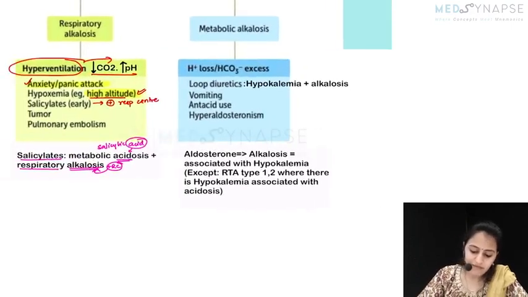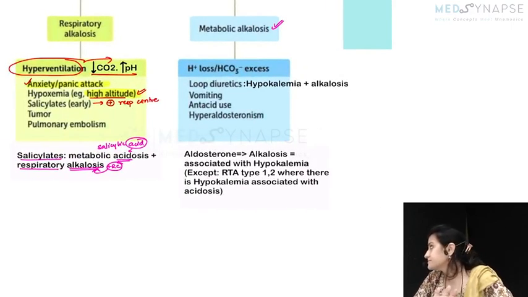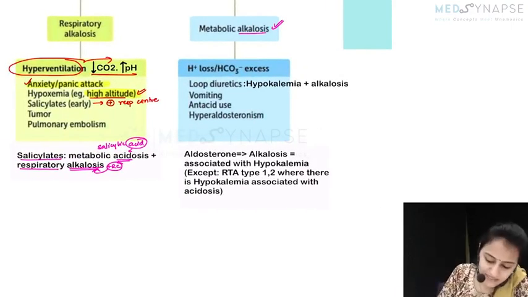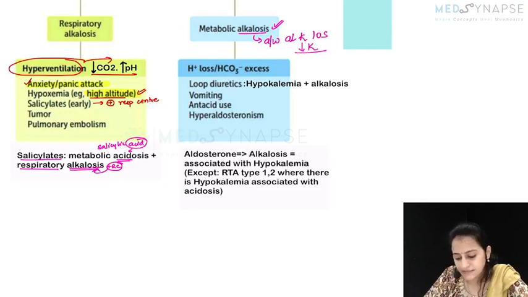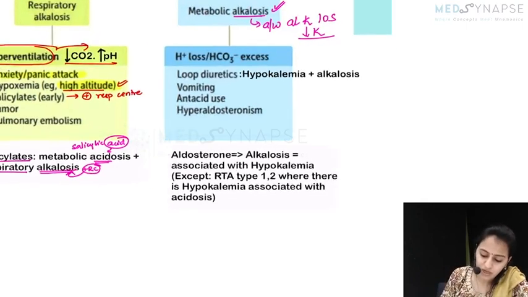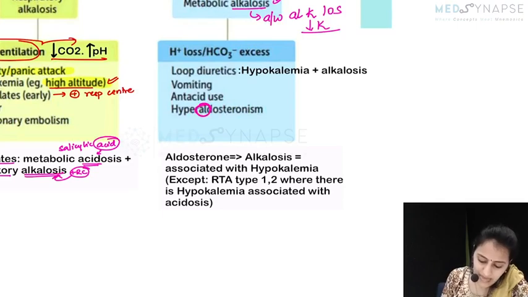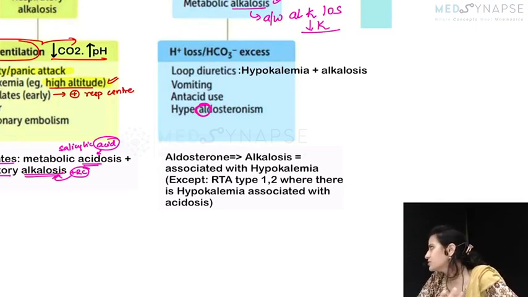What are the causes of metabolic alkalosis? Did we see that alkalosis is generally associated with K loss? That means hypokalemia. We saw the hormone. Which hormone? Aldosterone. Aldosterone causes alkalosis.